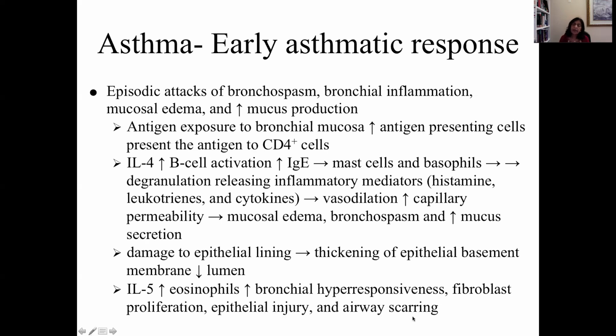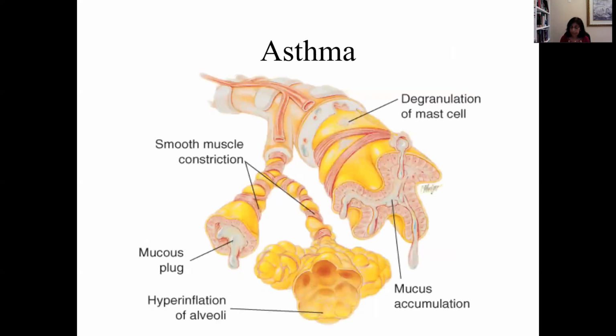Okay, fibrous tissue buildup is the reason for airway scarring. So we talk about IL-5 using eosinophil, IL-4 using the B cell, and then ultimately mast cell and basophil. All right, so that is one situation. Here it's just an illustration of what's all going on.